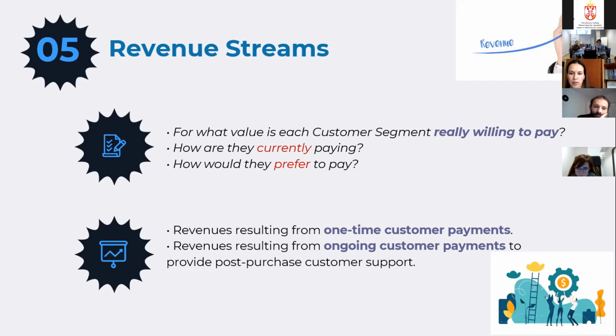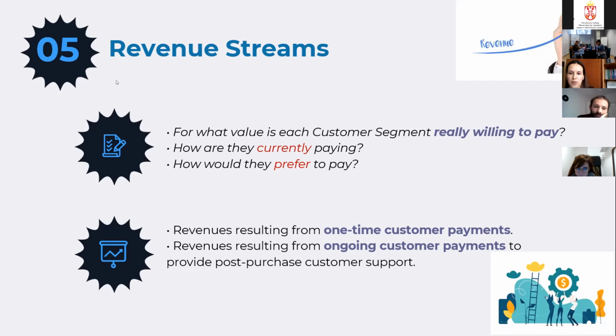Here, we must give the answer to 3 questions. For what value is each customer segment really willing to pay? How are they currently paying, and how would they prefer to pay?